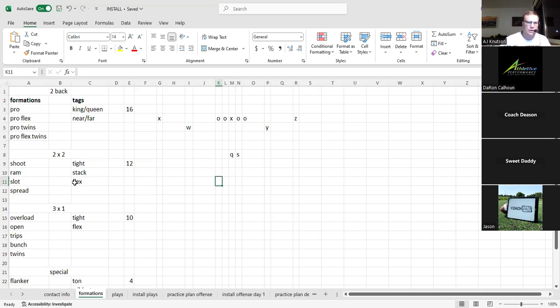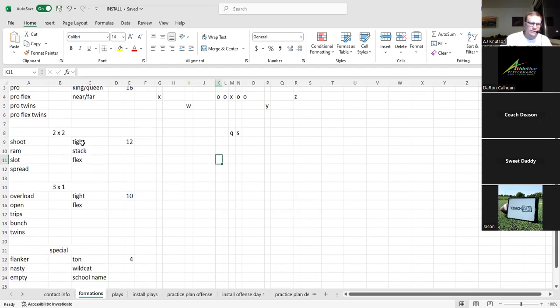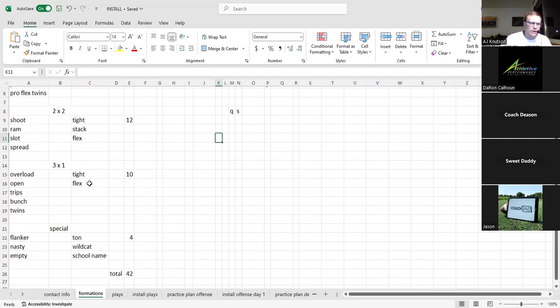So even though I have on here, this would be our offense. We have basically 4 two back formations, but when you add the tags of moving the backs around, you actually have 16 different two back formations just right here. When you add these tags, we have 12 2x2 and 10 3x1.